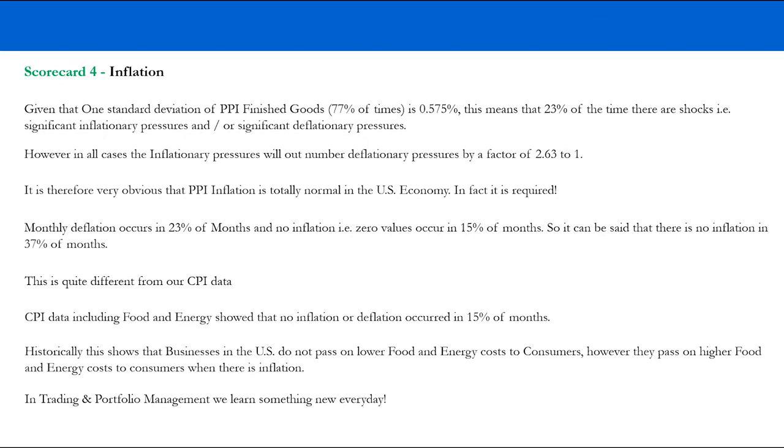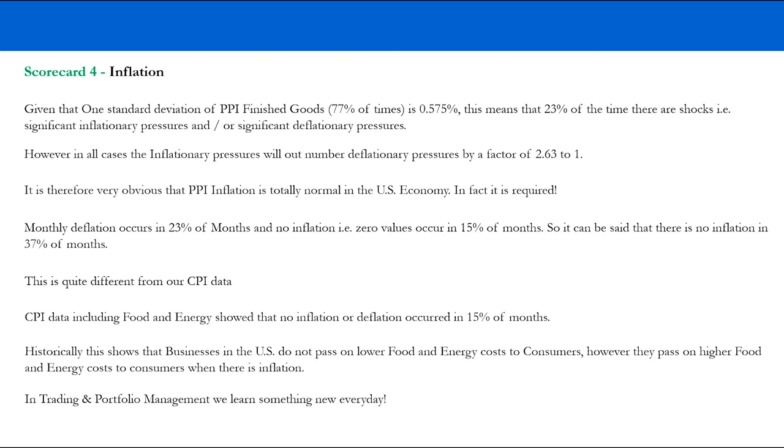And in fact, it's required. Monthly deflation occurs in 23% of months. And no deflation, so zero values, occurs in 15% of months. So it can be said that there is no inflation in 37% of months.